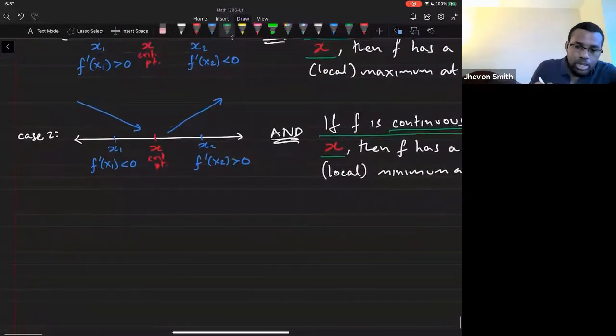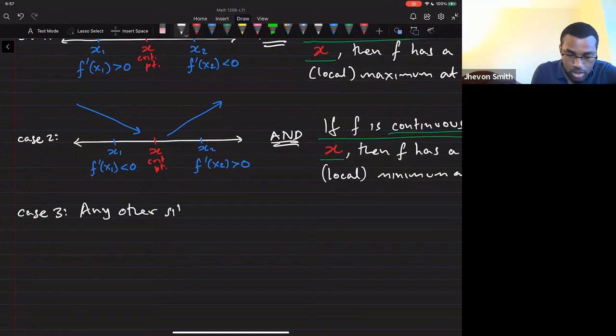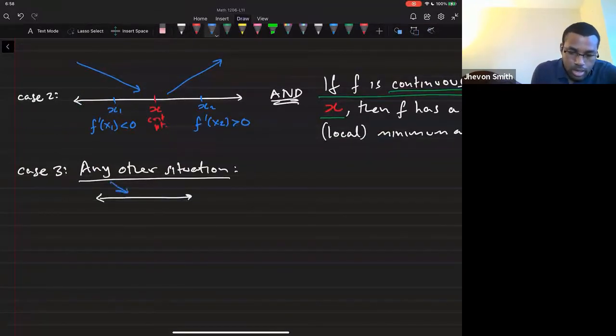And okay, case 3 is pretty much any other situation. And in any other situation, this means like you have down, down, or you have like up, up maybe, or something like that.